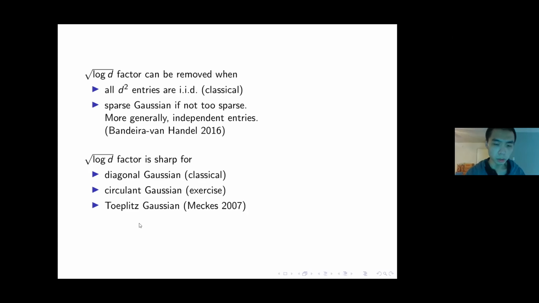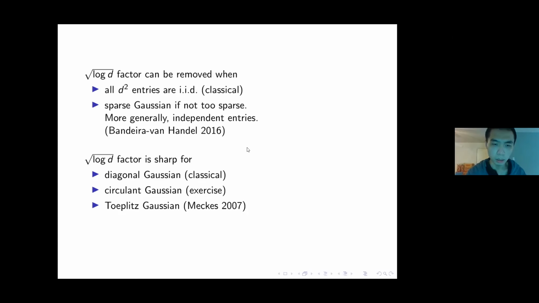For the Toeplitz Gaussian, let's say the first row and the first column are IID Gaussian entries, and then the rest will be determined. In that case, also the square root log D factor is needed. Okay, so this is what's known in the literature.